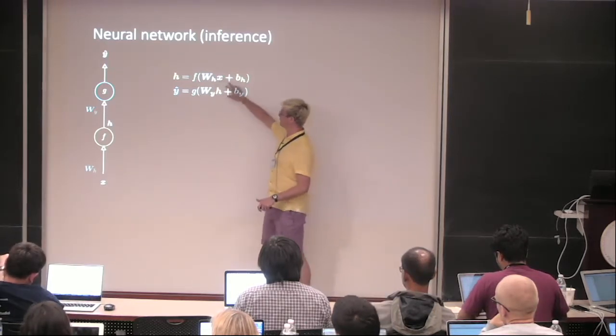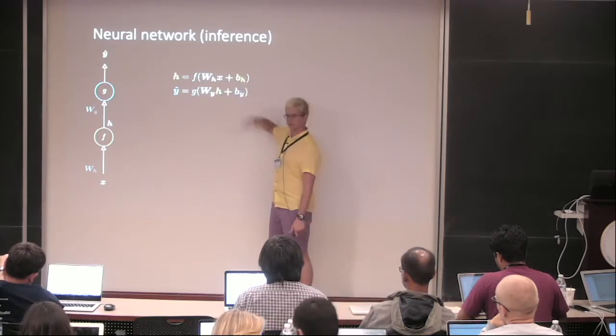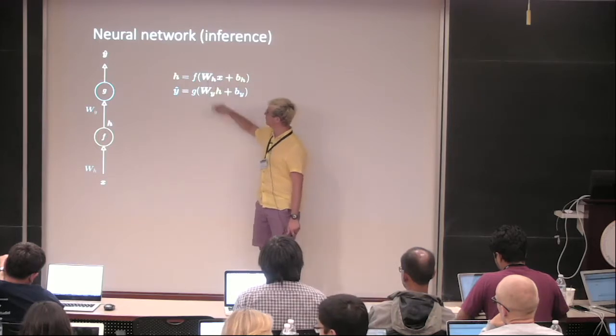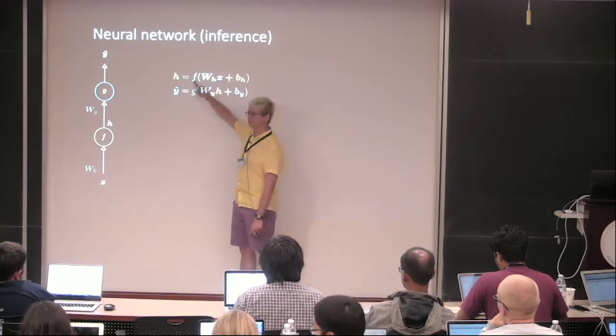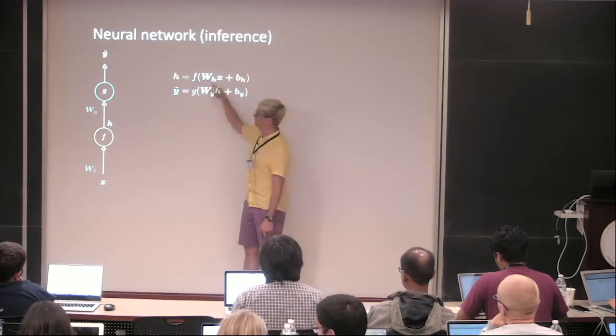So here we have an affine transformation of my input x. I have a bias term, which is just shifting, and I have a linear transformation here, which I call WH, which is mapping my input to the hidden space. And here is a nonlinear function applied pointwise to every element of this vector.